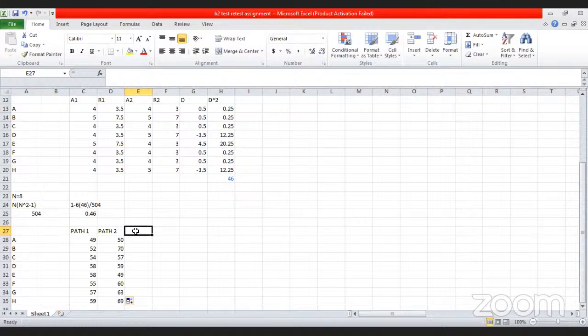Now I have to find out the difference between Path 1 and Path 2. Okay, so I will do equal to, I will select this Path 1 minus I will select this Path 2, enter. So I got the difference, that is minus 1. Now I will drag it down so I get all the differences here.